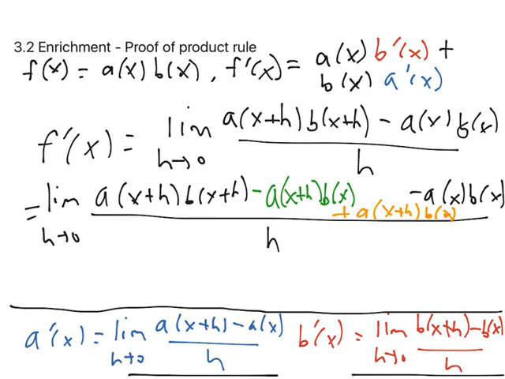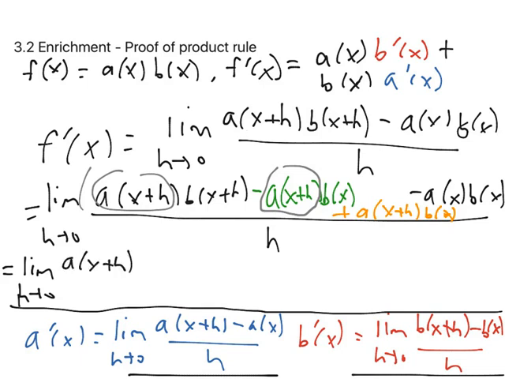Notice now that I have an a of x plus h term for these two. So that means that I can factor this out. And then the remaining part is this.